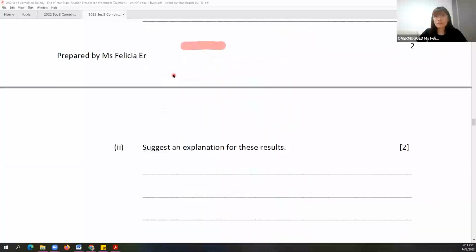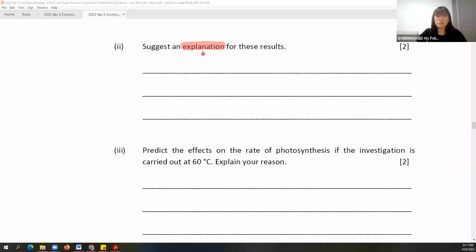So for this question, can you copy from my notes or not? Is there an answer in my notes? Are you flipping through my notes? Yep, thank you, Zheng Wei. Yes, you can find it from my notes.